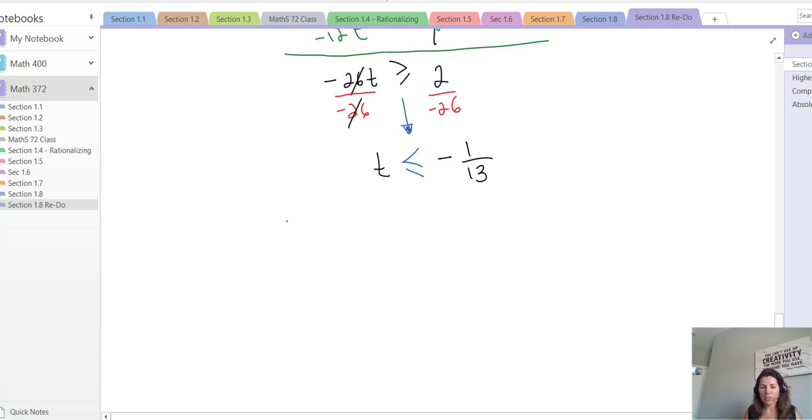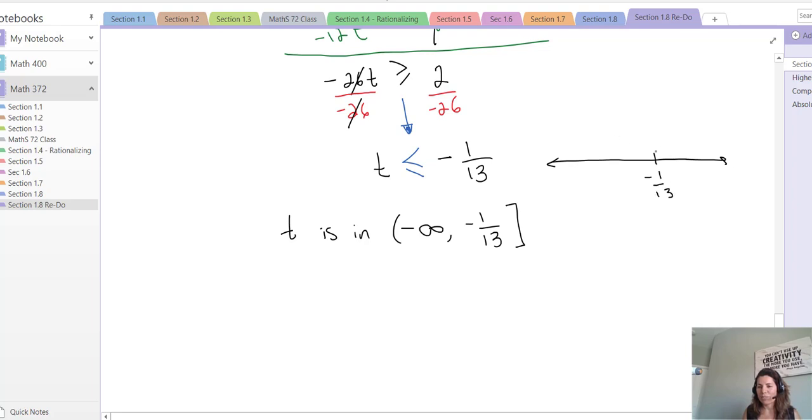In interval notation, we can say t is in the interval. Since this is less than, we go all the way to negative infinity, so negative infinity all the way to negative 1 over 13. Parenthesis or bracket? Are we including it or not? We are including it, so we use the bracket. This will be our interval notation. If you need the number line to help you get there, you would put negative 1 over 13.